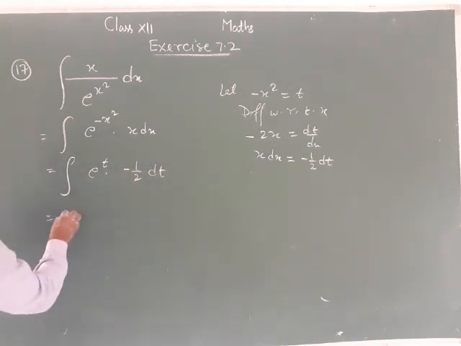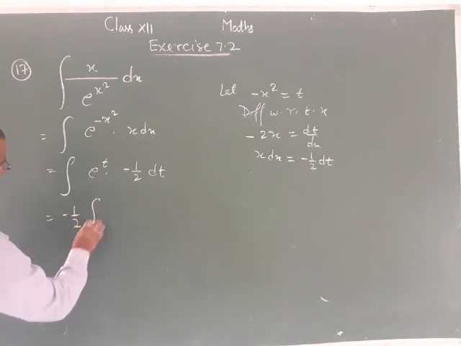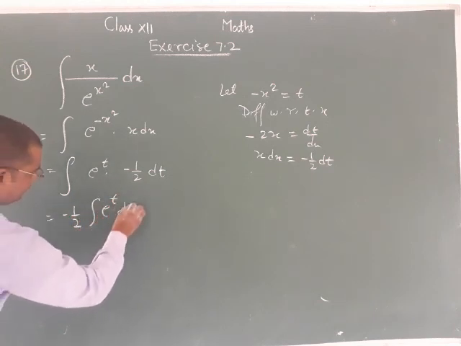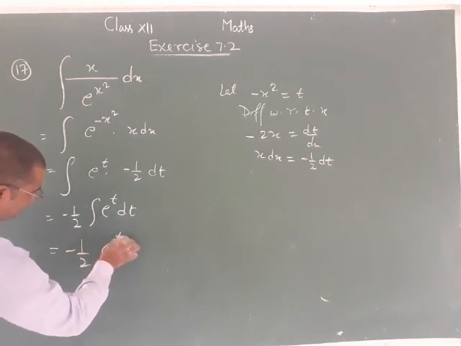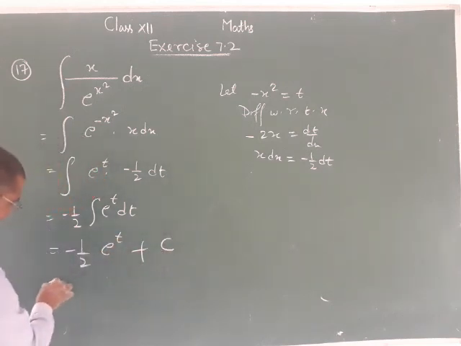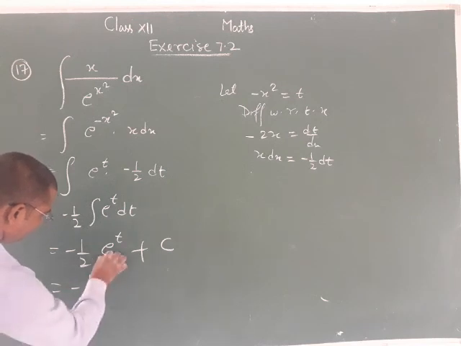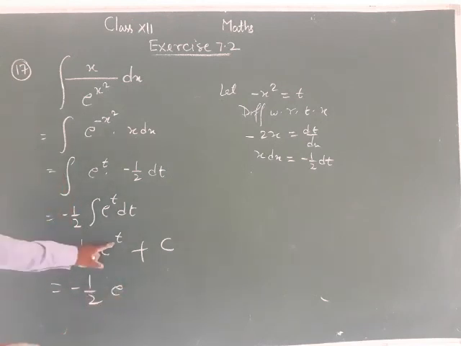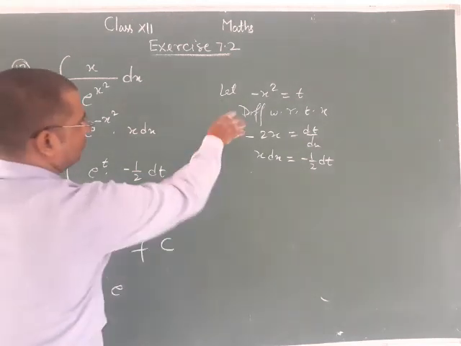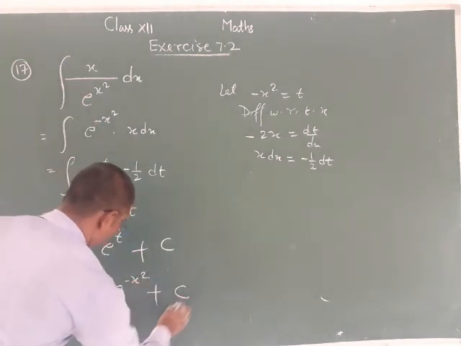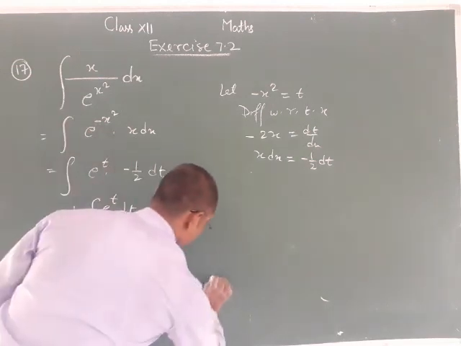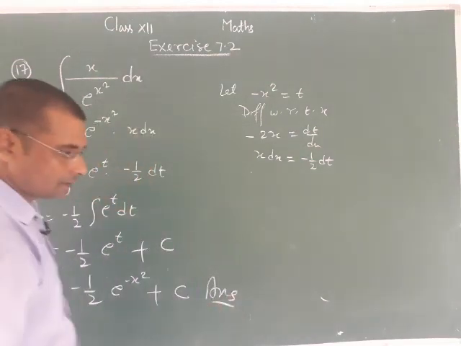So minus 1 upon 2 integral of e to the power t dt, which is minus 1 upon 2 e to the power t plus c, and so minus 1 upon 2 e to the power minus x square plus c. This is the answer.